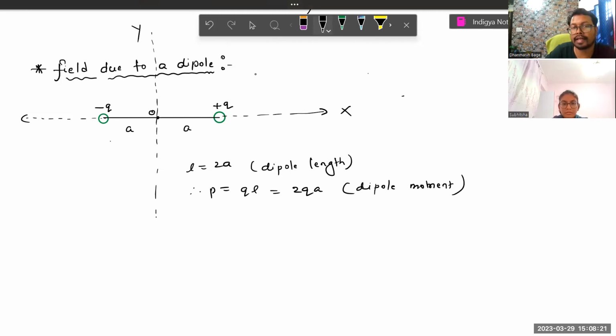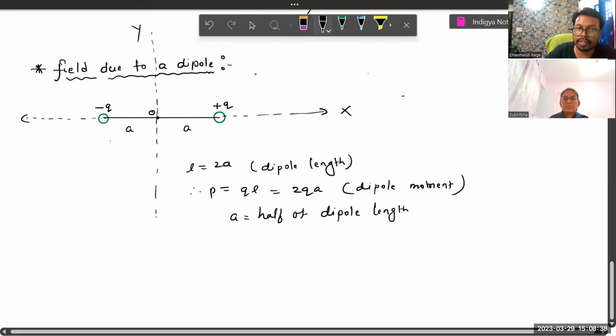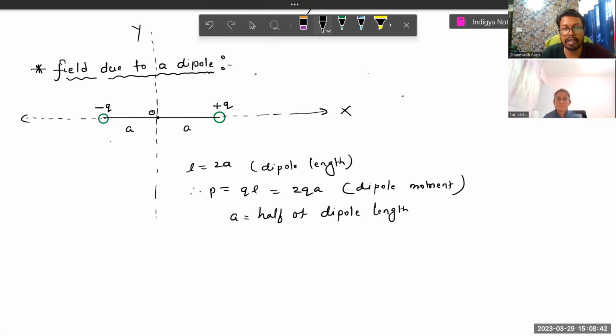We'll be using this because a is half of the dipole length. We'll be expressing the electric field due to a dipole in terms of a.